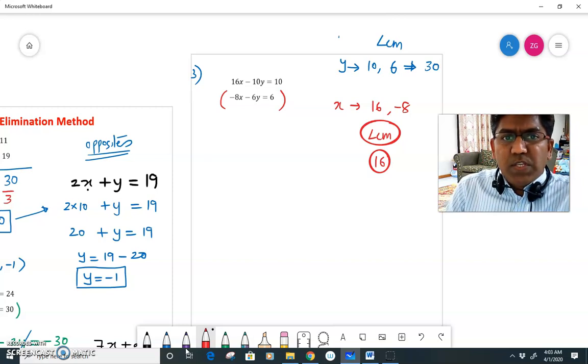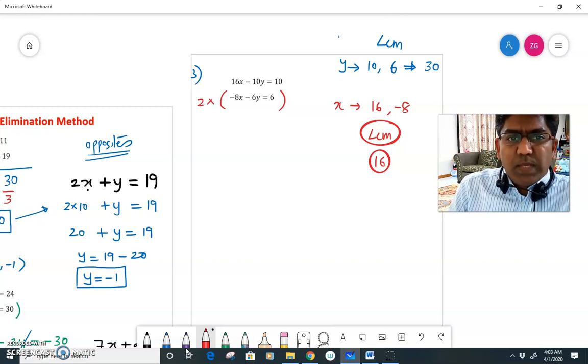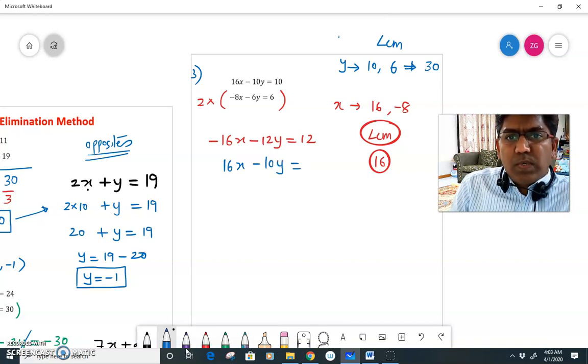Now I have 16 here, I want 16 here, so I'll simply multiply it by 2. 2 times minus 8 is minus 16x. 2 times minus 6 is minus 12y, and 2 times 6 is 12. You copy the first equation as it is. So I have 16x minus 10y equal to 10.